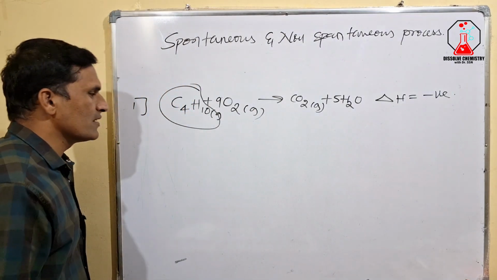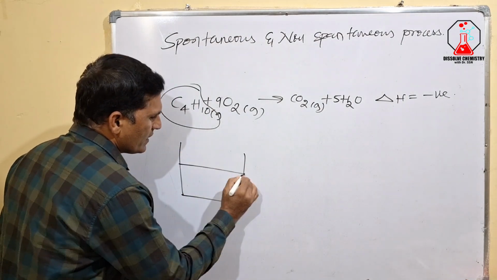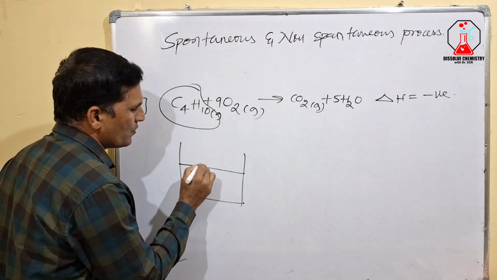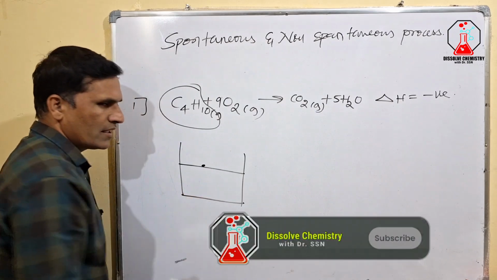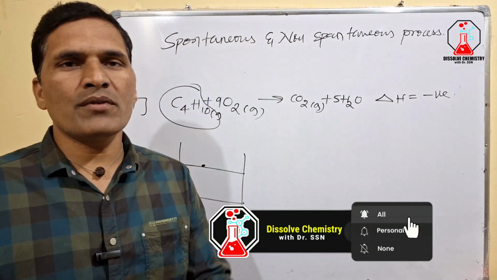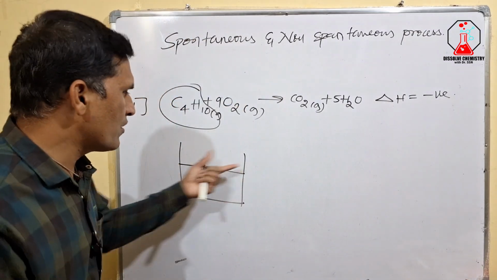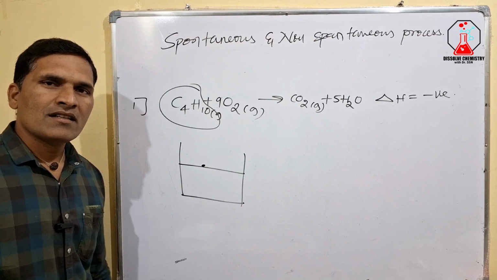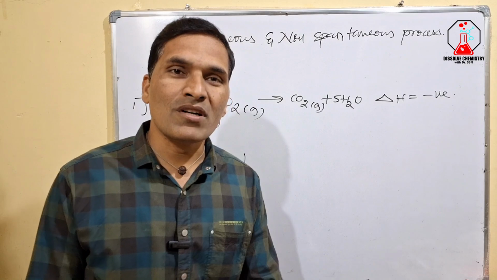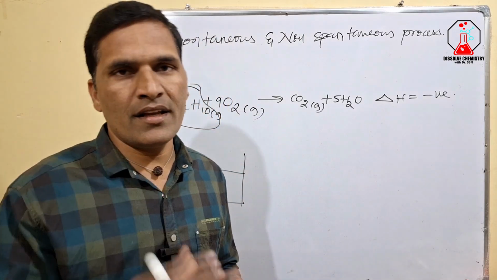Another very interesting example: take water and throw a small piece of sodium metal into it. Not a large piece, as it may cause an explosive reaction. A very small piece skates on the surface of the water, burning, with evolution of hydrogen gas and heat energy.